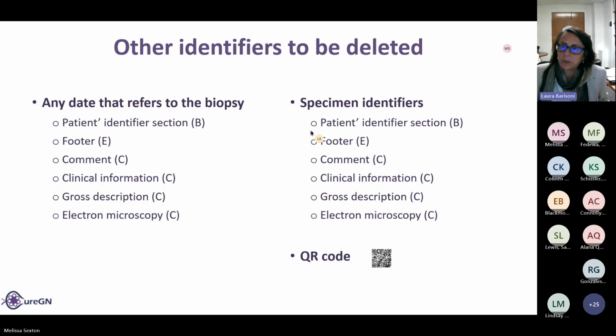Other things to be deleted: any date that refers to the biopsy or any other specimen identifiers. You can find them in multiple places, and I will show you some examples. We're going through the examples, right?